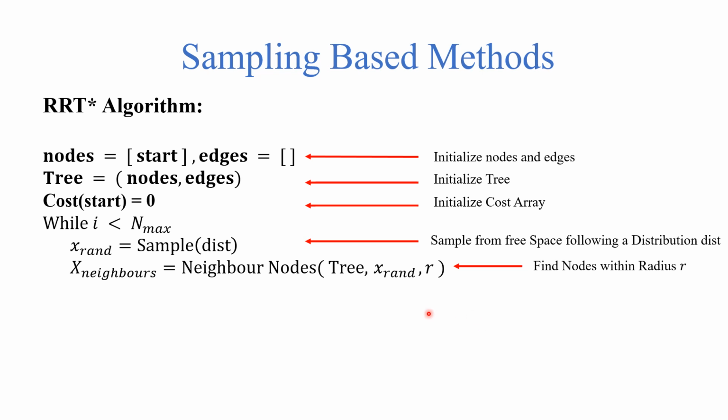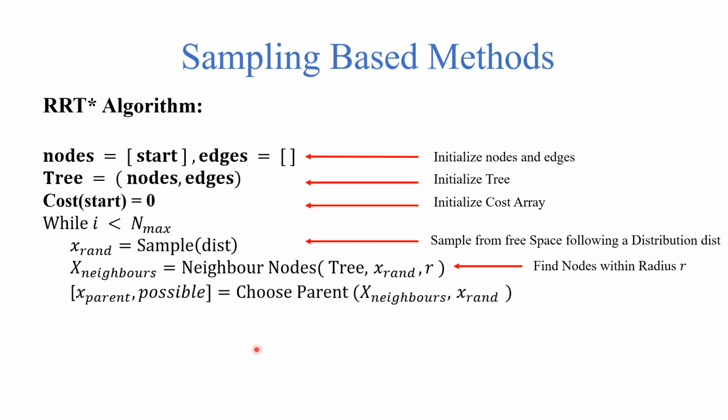Now the next two steps are the two most important steps in the RRT star algorithm that differentiate it from classical rapidly exploring random trees algorithms. So now we're going to apply the function chooseParent. We're going to discuss it in a few minutes. This function takes the set of neighboring nodes and xrand and chooses from this set of neighbors the parent to xrand with the minimal cost.